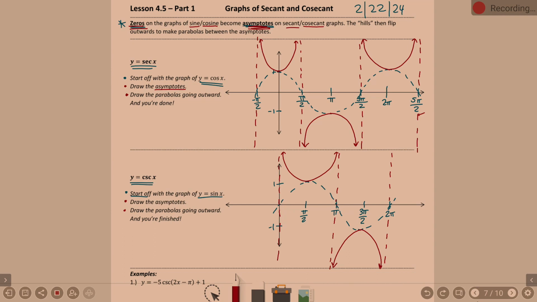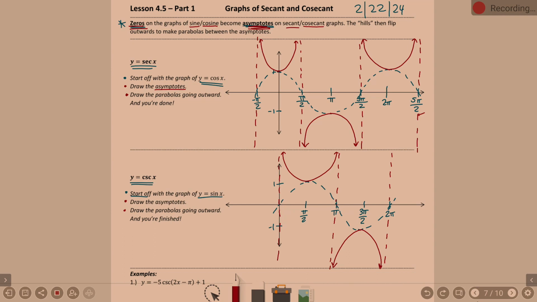So in order to graph this on the calculator, I have to do sine of x and then raise to the -1 power. If I just graph that, I'm going to do a z-trig, number 7. Notice, that's the parabolas, isn't it? That's what cosecant is. So that's why the only thing I had to draw as a solid line is the parabolas, because that's what cosecant is. Now, if I throw in a sine x, I can't really do it in dotted line, but notice that sine kind of connects them, doesn't it? So for our purposes, graphing by hand, that's why we graph the sine and then put the parabolas in. Okay?